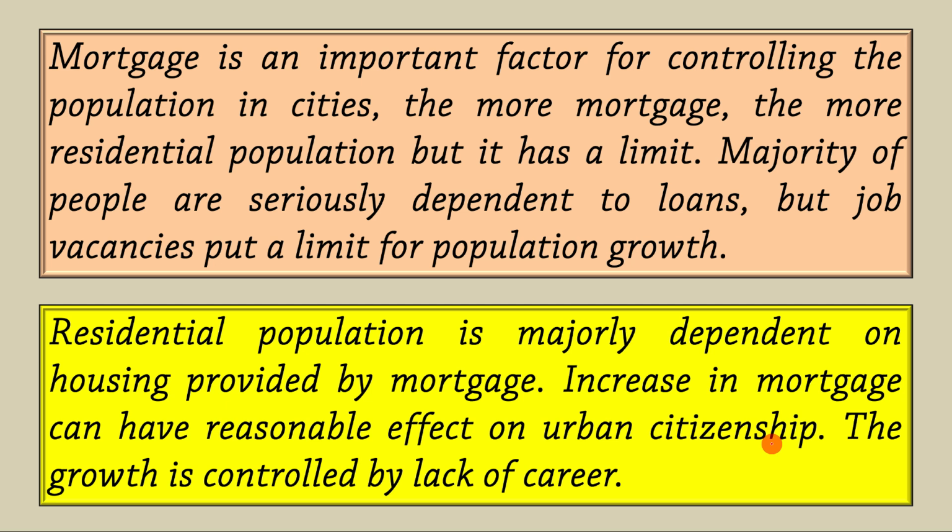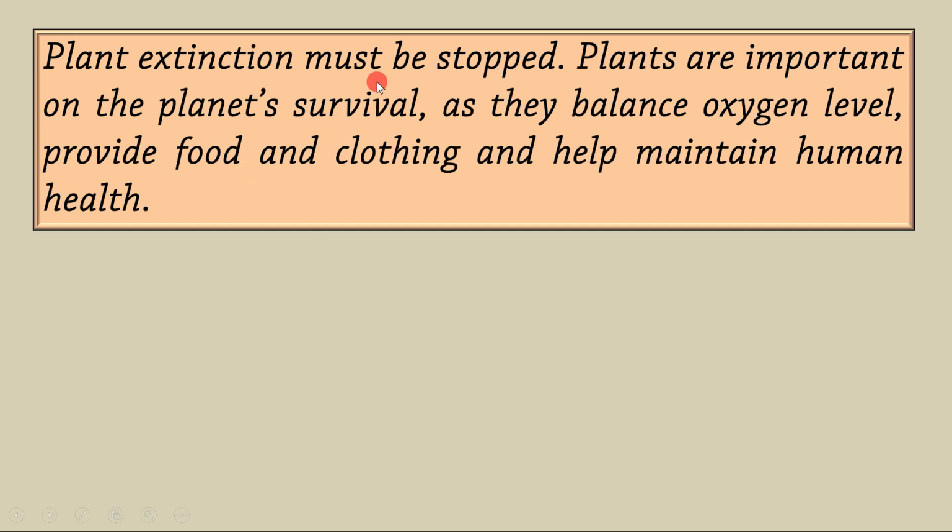Another example could be: plant extinction must be stopped. Plants are important for the planet's survival as they balance oxygen level, provide food and clothing, and help maintain human health. This was your thesis statement.